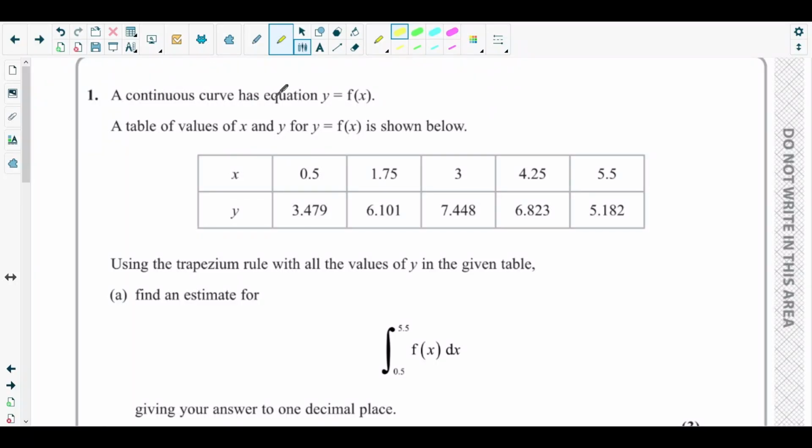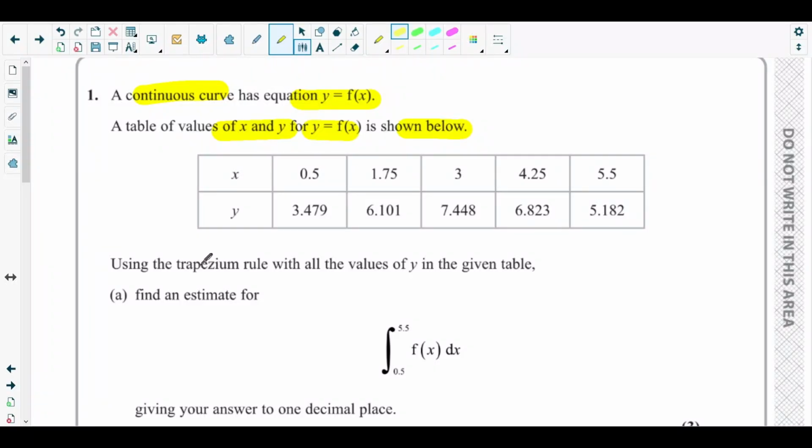At first, they are saying a continuous curve has equation y equals f of x. A table of values of x and y for y equals f of x is shown below. You can see a table with x, y values given.